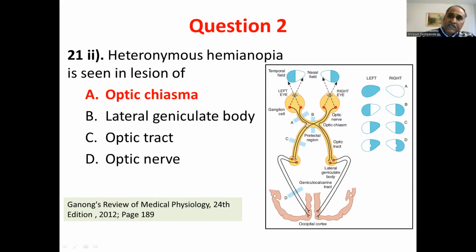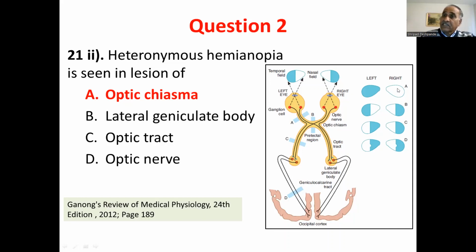Now, there can be two reasons. One, a pituitary tumor pressing on the center of the optic chiasma produces such a lesion. Or in case of papilledema, where external pressure from the fluid may compress the optic chiasma, the two nasal fields will be lost.